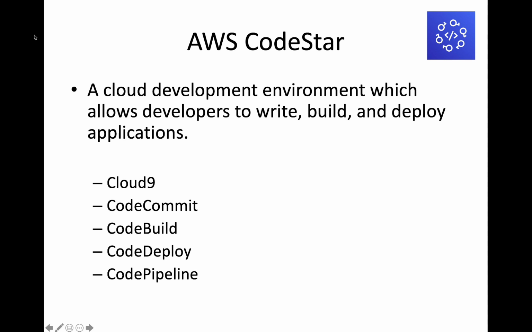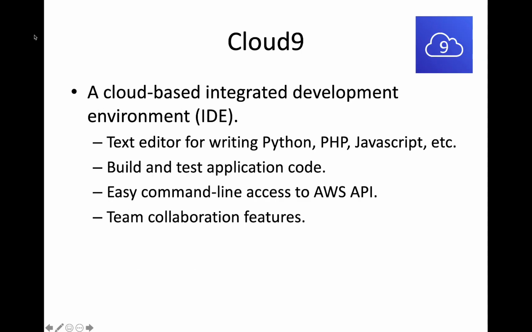There's the AWS Cloud9 software development environment. This is a sort of web-based integrated development environment, an IDE. You can think of it as like a cloud-based text editor that you can use for building out software applications. You can write code in Python or PHP, JavaScript, and many other coding languages.